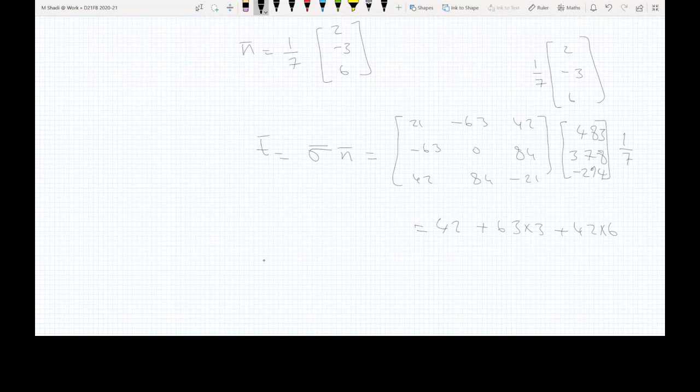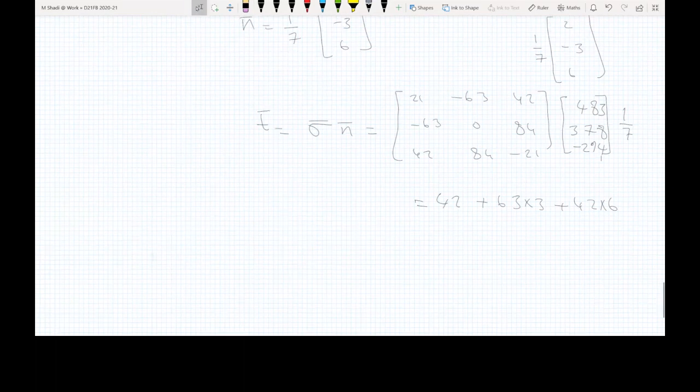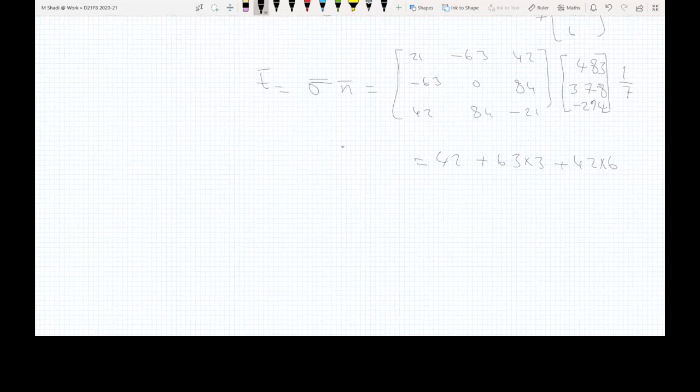Now, if you want to calculate the normal and the shear component of T, you have to multiply T again with the normal direction. So you have T to be 1/7, 483, 378, and minus 294.